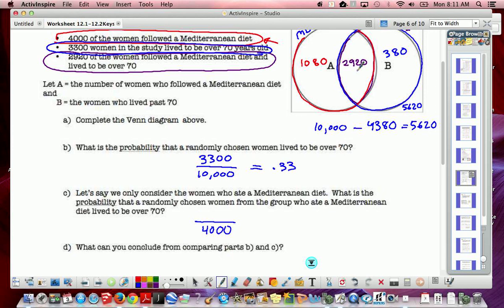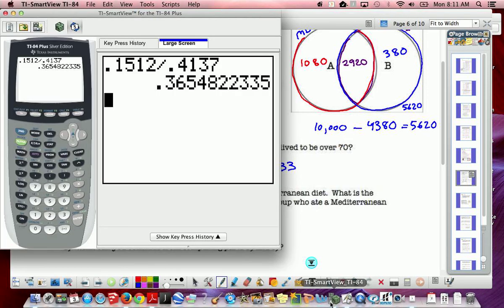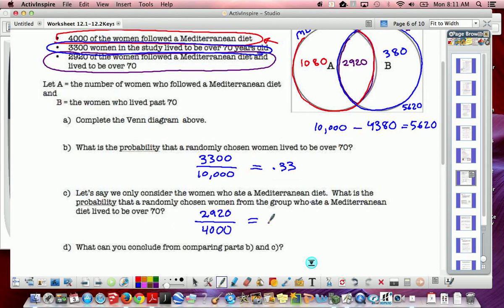So now it's my intersection of 2,920. So if I divide those two numbers, 2,920 divided by 4,000, I get 0.73.